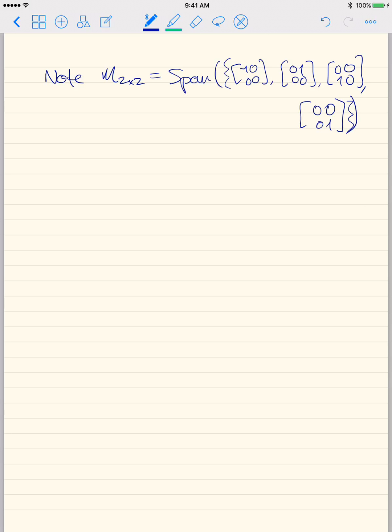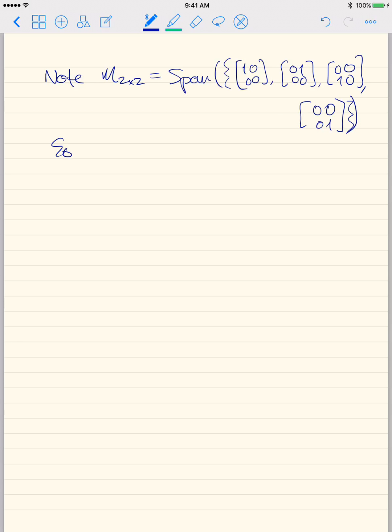So that's a list of 4 matrices. Just give yourself a 1 in each position. And that's definitely linearly independent for the same reasons as before. And it clearly spans the set of 2 by 2 matrices because whatever 2 by 2 matrix you have, you can achieve it as a linear combination of these ones by just putting the 4 entries as the 4 weights.